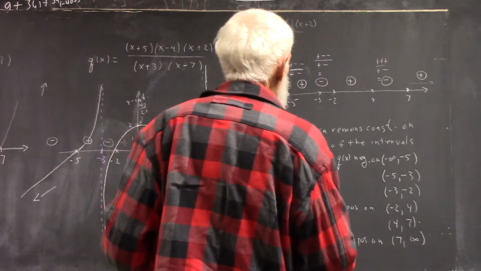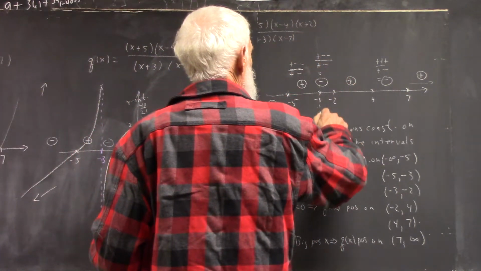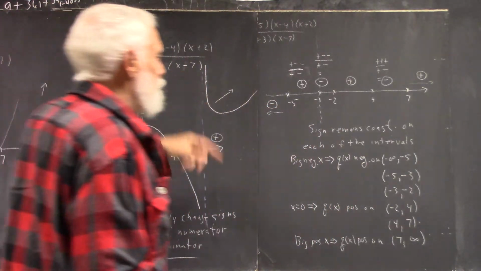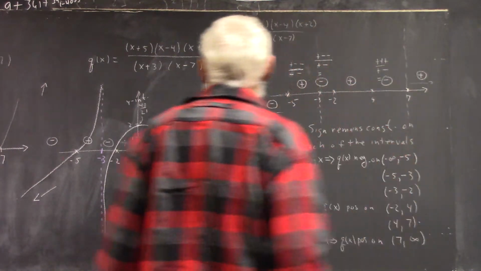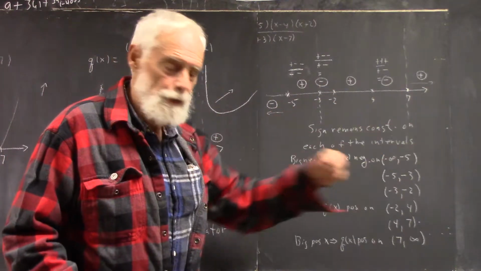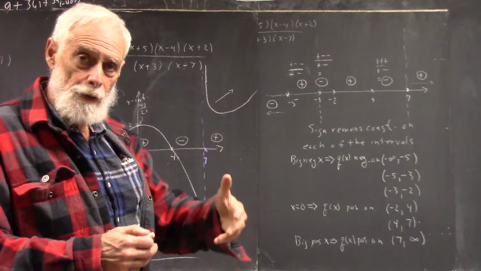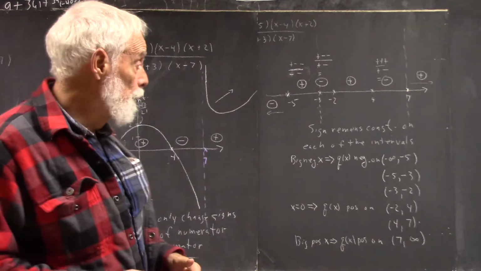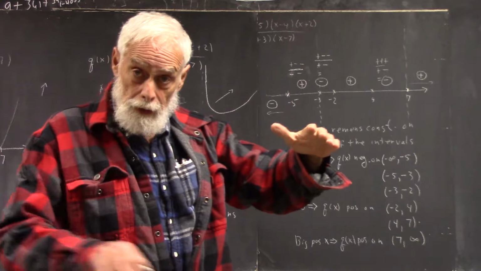So we can sketch kind of a dotted vertical line at -3 and another one at 7 to indicate that this thing approaches a vertical asymptote at -3 and at 7. Just like 1 over x approaches a vertical asymptote at the y-axis, or 1 over x squared approaches a vertical asymptote at the y-axis. 1 over x like this and then like this.